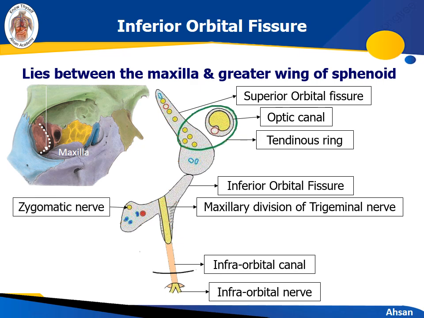Other structures include the zygomatic nerve. This is the branch of the maxillary division of the trigeminal nerve. These are the vessels, inferior ophthalmic artery and inferior ophthalmic vein. Some emissary vein may pass through this opening too.